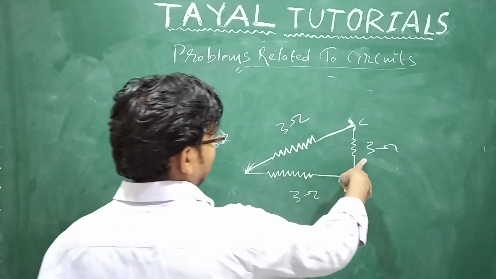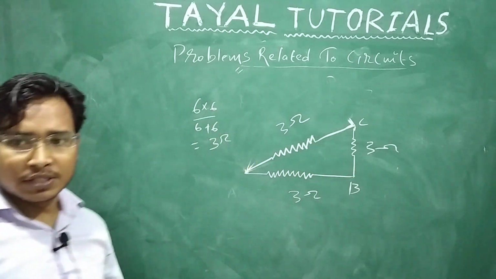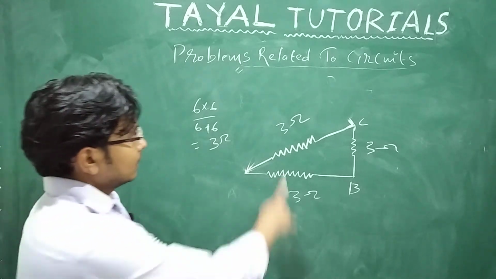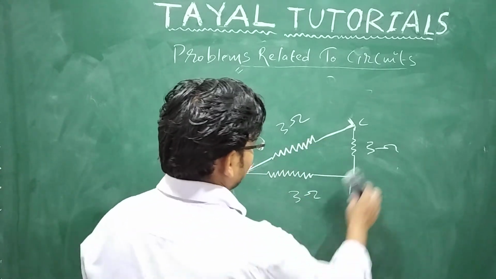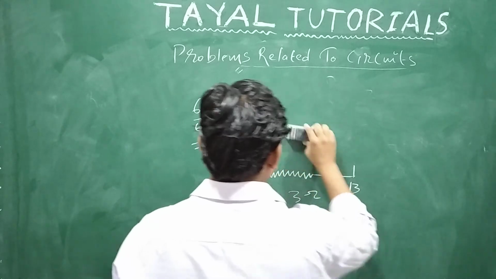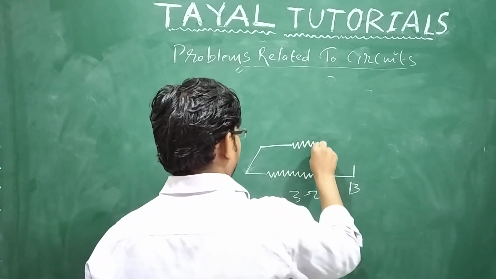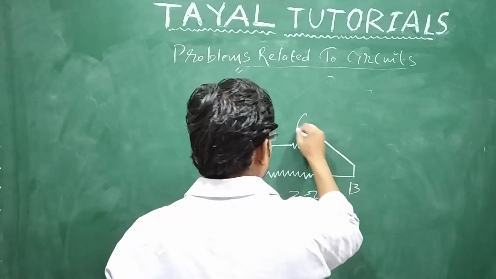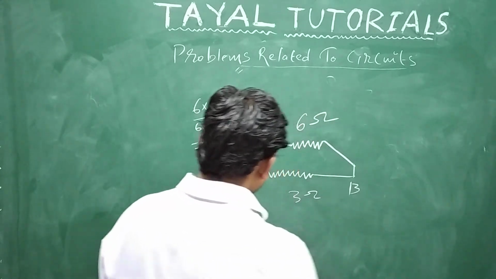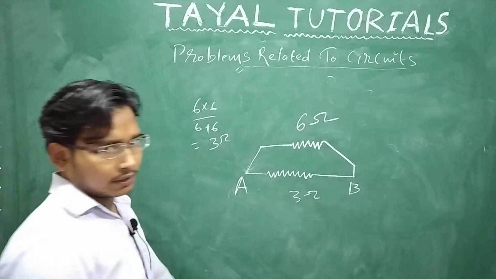Now this 3 ohm and this 3 ohm are in series. Add these two: 3 and 3, 6 ohm. So I am just writing, this is your 6 ohm. Now you are left with a simple network.